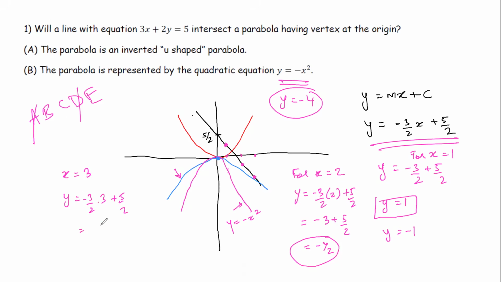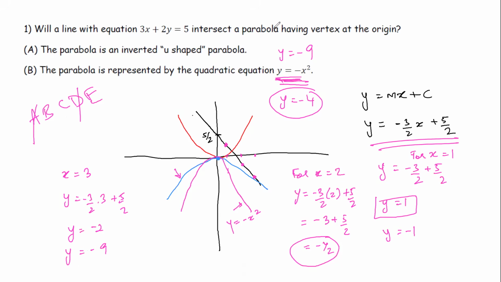So what we get is -4.5 plus 2.5, which is -2. Now when we take x is equal to 3 in the parabola, we get y is equal to -9. So they don't match.